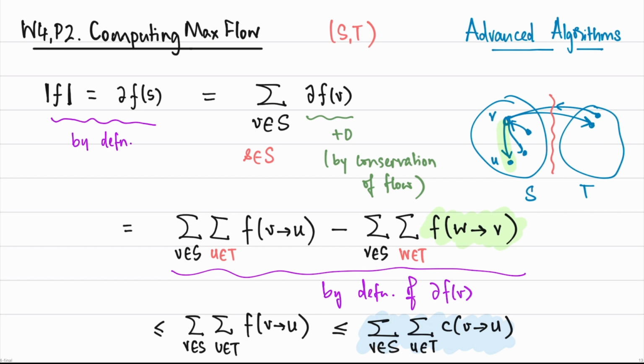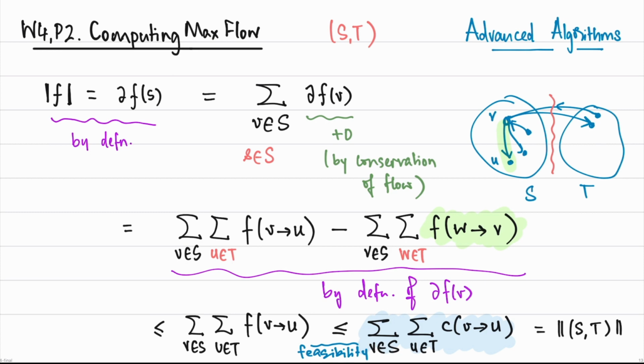The capacity of the cut we defined as the total amount of capacity available on edges that go from S to T. So I'm going to write this as the capacity of the ST cut, which we denote like this. And let me remember that this inequality comes from the feasibility of the flow.